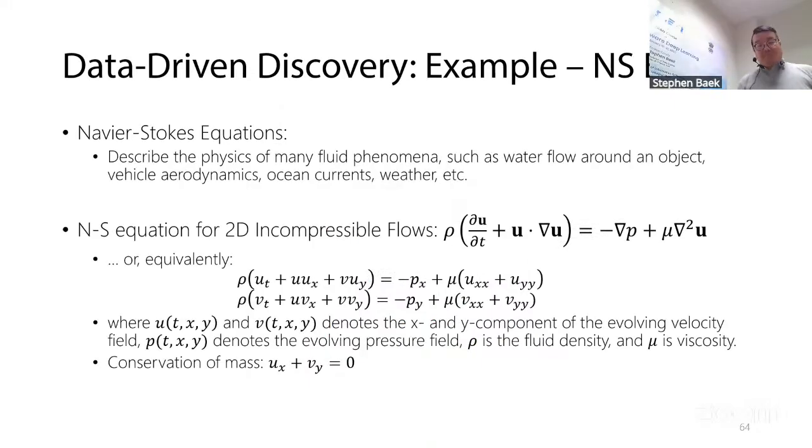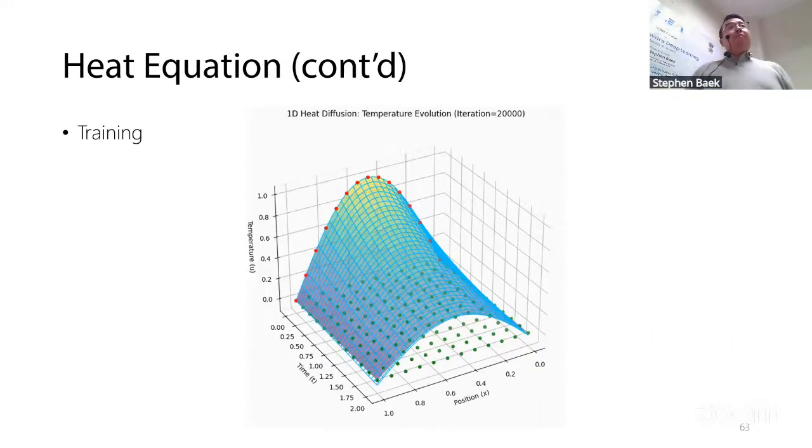But if you have more data, then yes, I think the performance of the network is going to be much better. But you will still have that issue of conflicting physics-informed loss and data loss. So, yes.